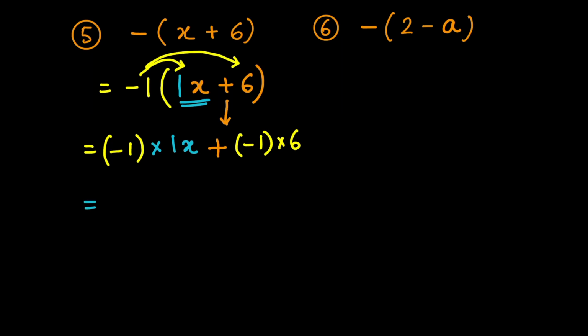So minus 1 times 1x will be minus 1x. Then we see here, plus times minus, so it is minus, and 1 times 6 will be 6. So the final answer, since it is minus 1x, we can just keep it as minus x also, because minus 1x is same as minus x, and minus 6. So this is the final result.